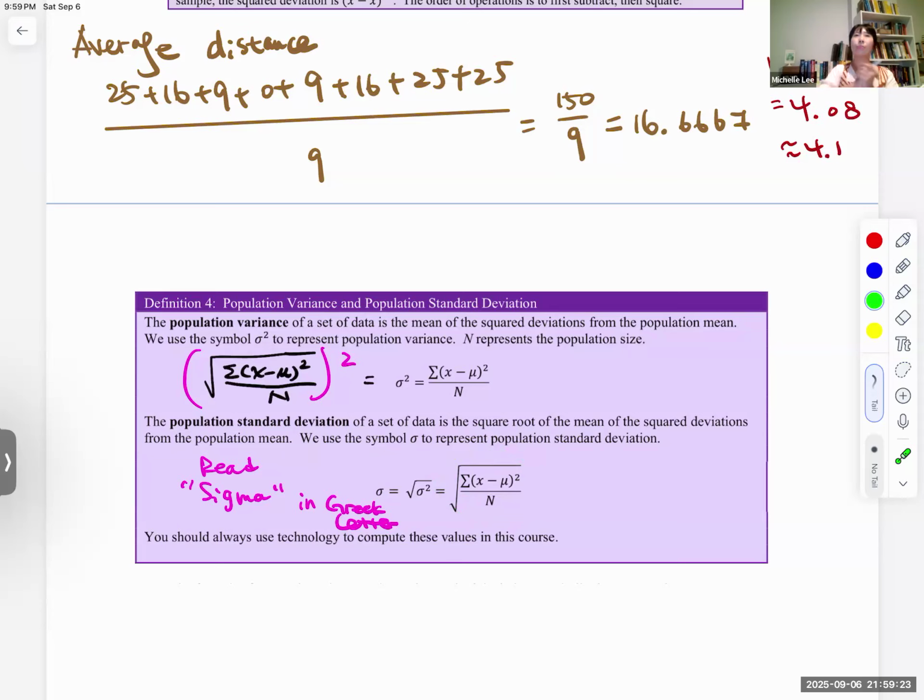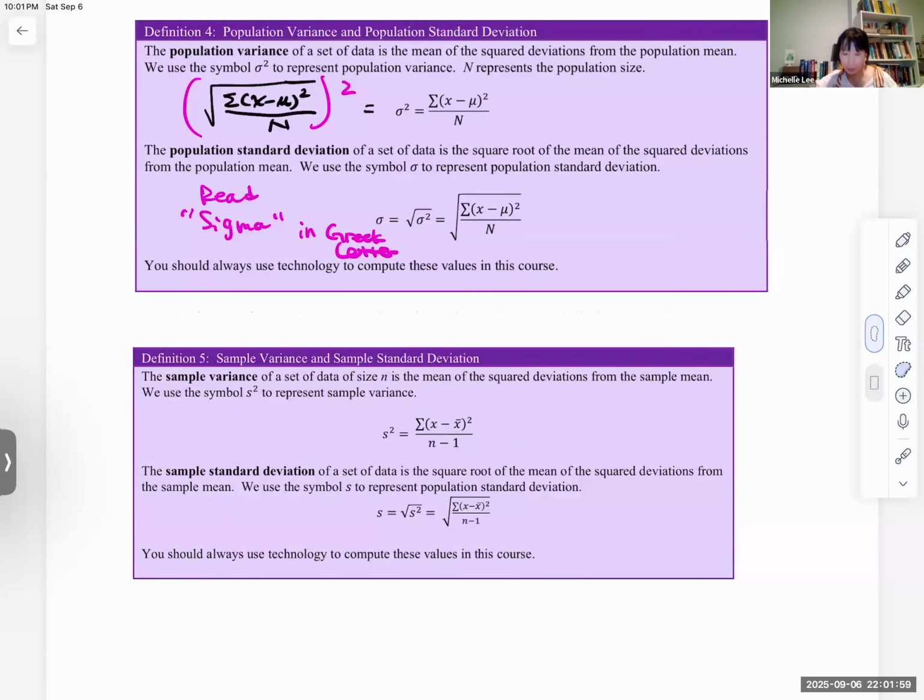Okay, now earlier, the mean of a population and the mean of a sample had the same formula, right? How about sample variance and sample standard deviation? So let me bring that here.